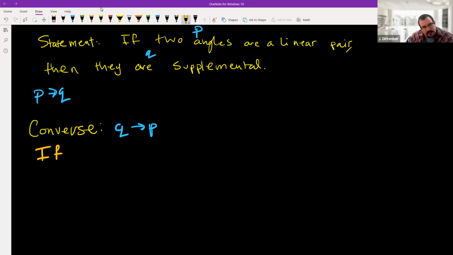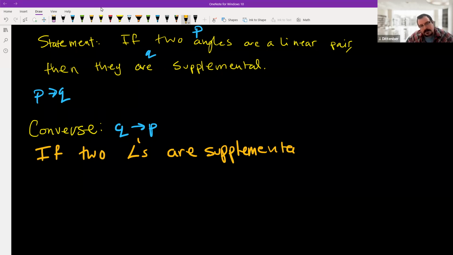So if two angles, I'm going to use an abbreviation for angles here, if two angles are supplemental or supplementary, I can use both, okay? If the sum of the two angles is 180 degrees, then they are a linear pair. Now, is this true or false?